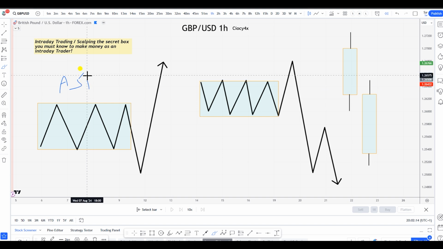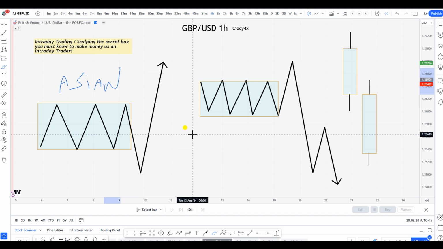So why is this Asian range, Asian box important? Let's start with the very basics. The Asian range is the session where most traders build liquidity, and it is the slowest among all the sessions. We have three main sessions: the Asian, the London, and the New York one. If you didn't know, now you know the three major sessions.